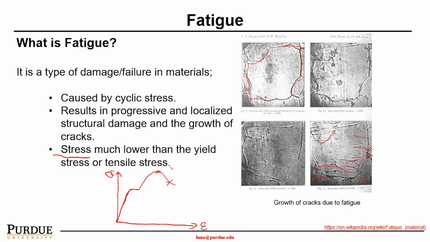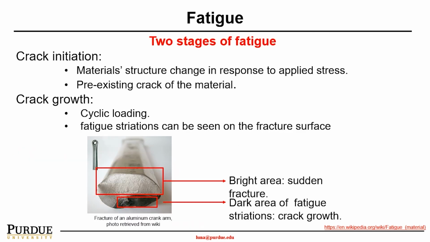So this is your sigma T. The stress at fatigue, which will be shown by the S-N curve, this is not the sigma-epsilon curve, that stress will be much lower than the yield stress, than your ultimate stress.